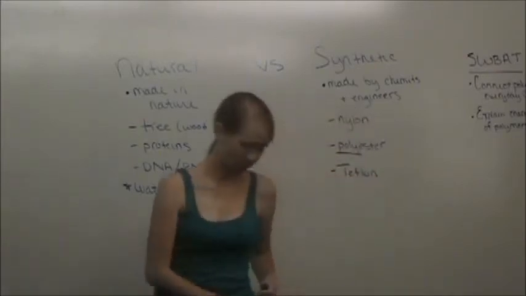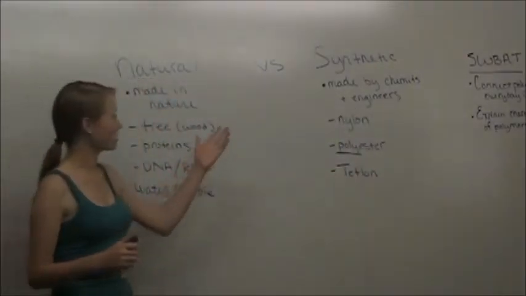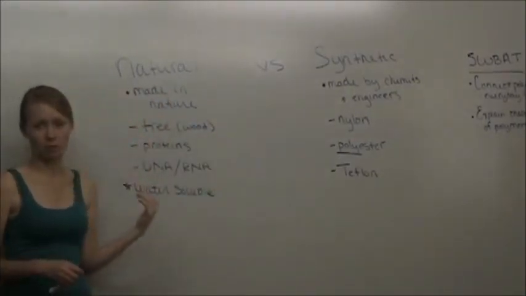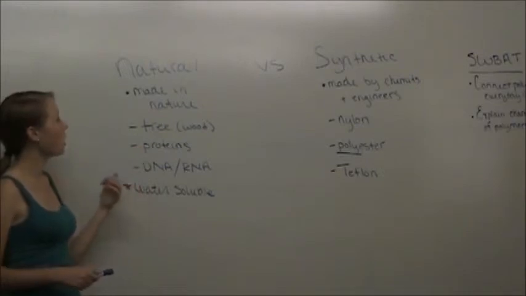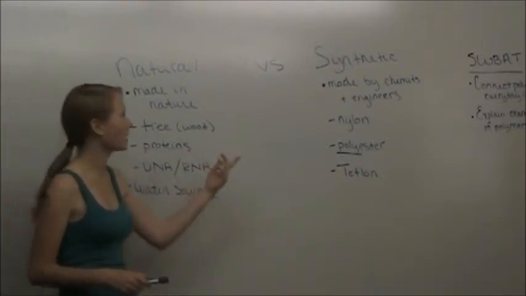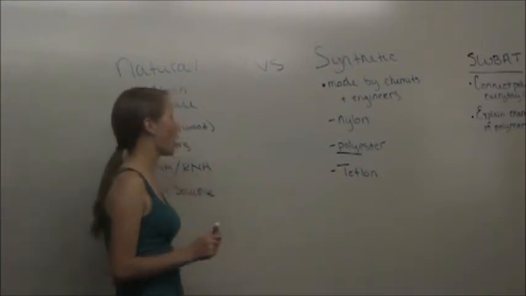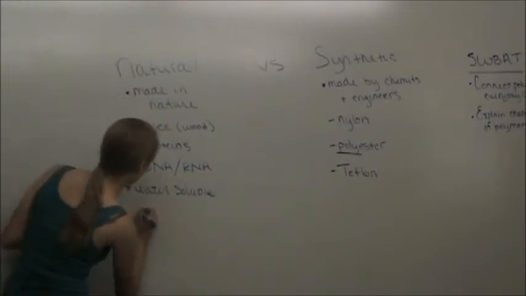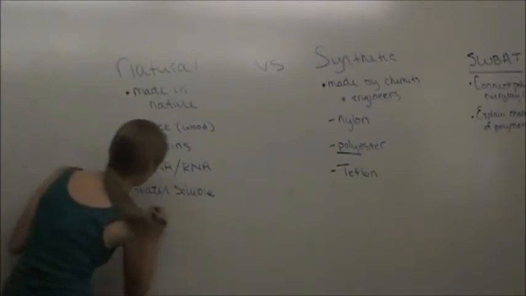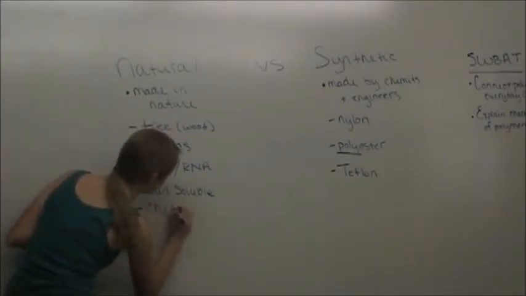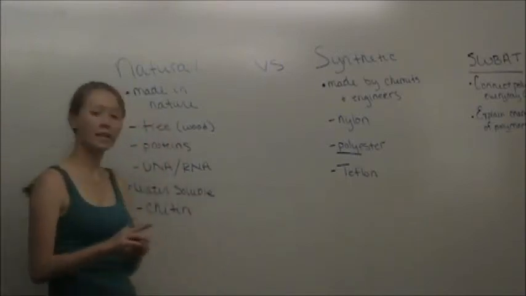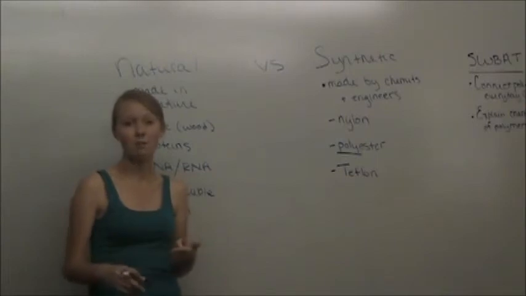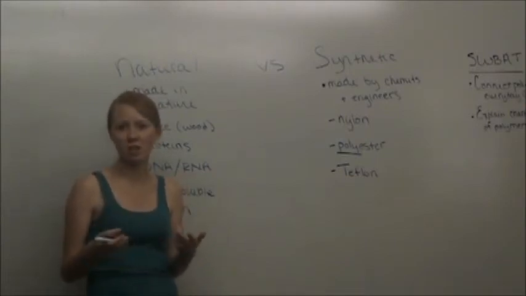So we've gotten all of these synthetic polymers because of what we know with the natural polymers. We take the structure of a natural one and we try to duplicate it to get our synthetic. A natural polymer that is currently in research is chitin. Chitin is the polymer that makes up the shell of lobsters and crabs and shrimp, the stuff we eat.